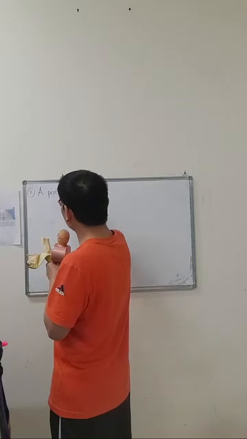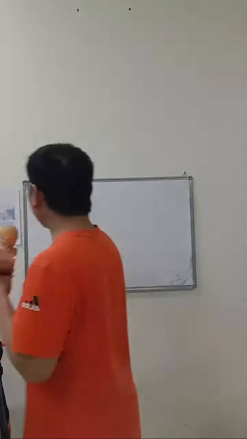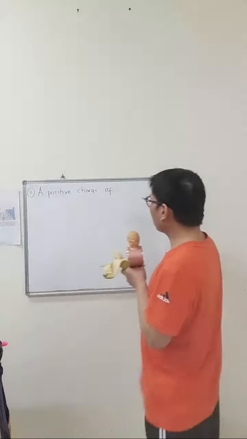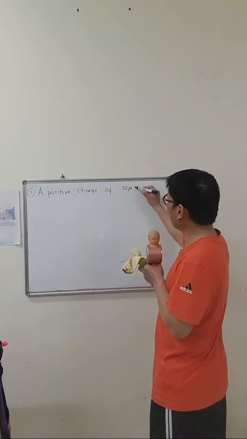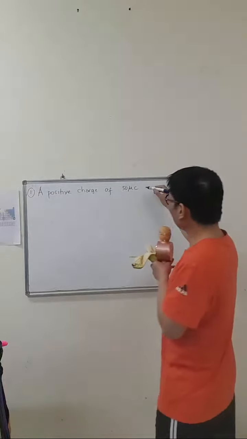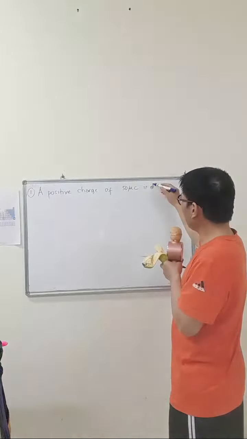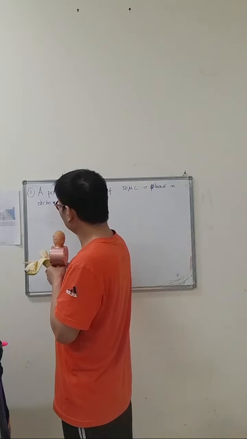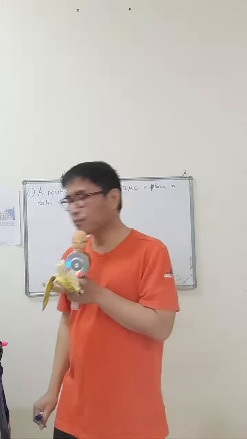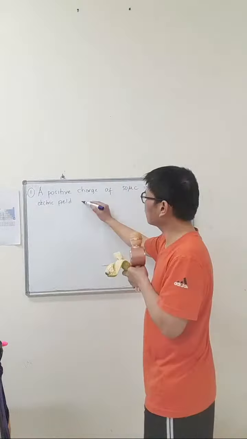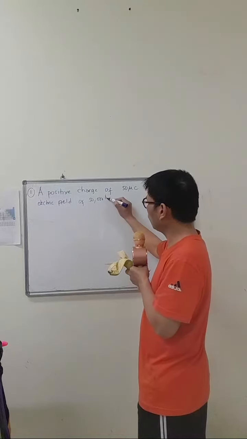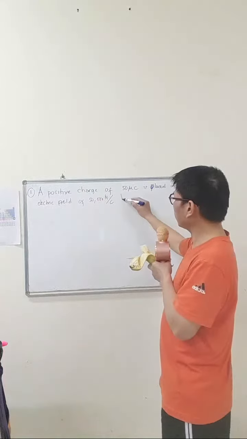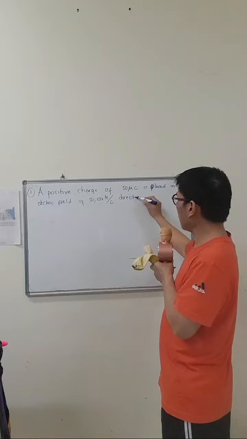A positive charge of 50 microcoulomb is placed in an electric field of 50,000 Newton per coulomb, the unit of electric field, right? Directed upward, okay, upward, right?